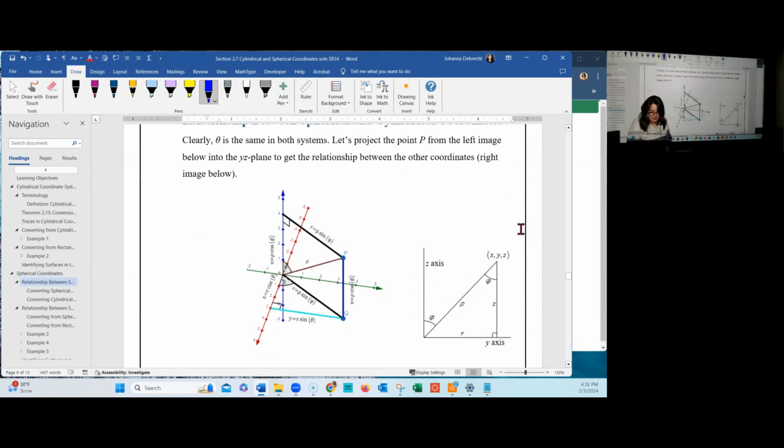Let's take a look at a projection down into the YZ plane.